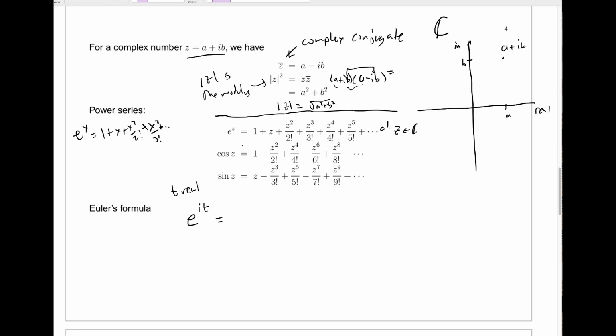Well, when we just plug that into the formula for e to the z, we get 1 plus it plus (it) squared over 2 factorial plus (it) cubed over 3 factorial plus (it) to the 4th over 4 factorial plus (it) to the 5th over 5 factorial plus (it) to the 6th.